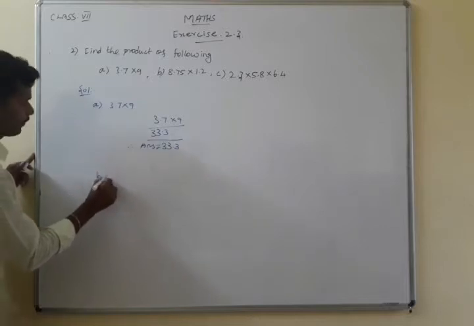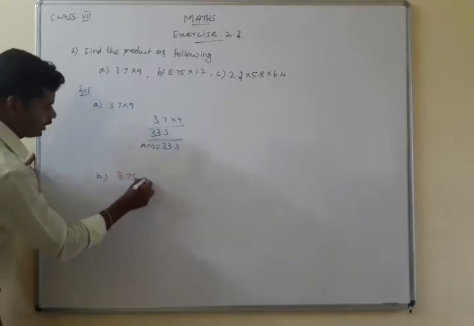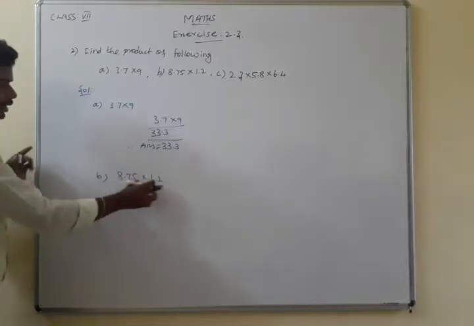B question. 8.75 into 1.2. Here both are decimal numbers.